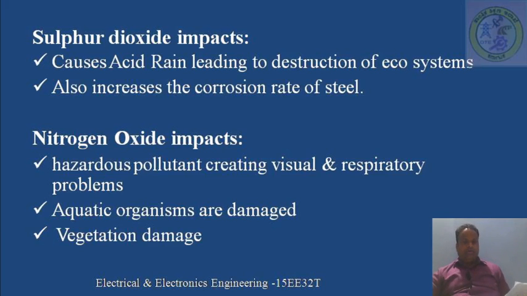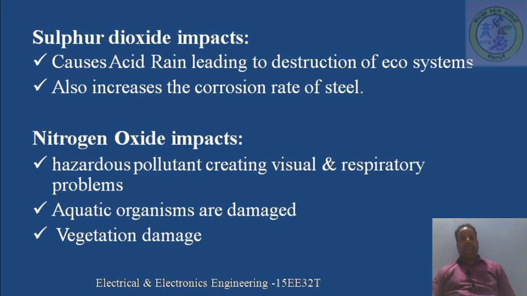And also, in the presence of water, sulfur dioxide forms sulfuric acid and causes acid rain, leading to destruction of ecosystems. The ecosystems will get damaged due to acid rain.